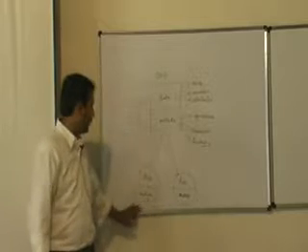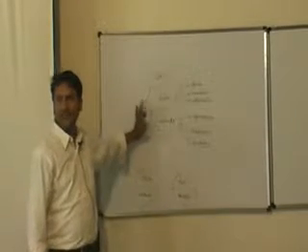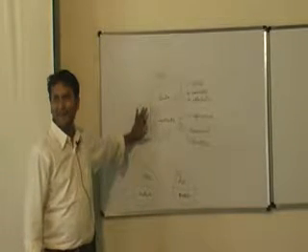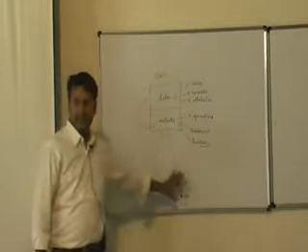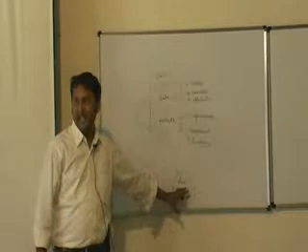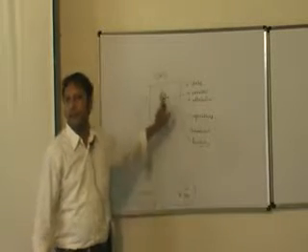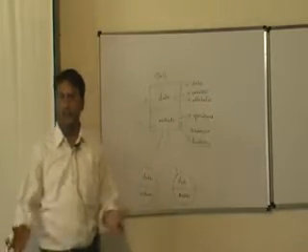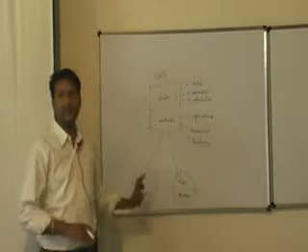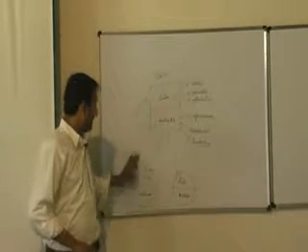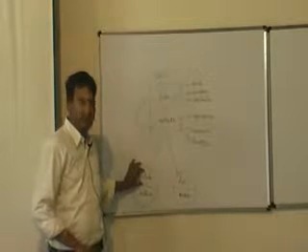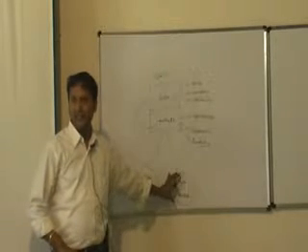Now I have two objects of this class. That means each object is a separate instance of the class. An object is an instance of a class, but each object is separate. That means this object has its own set of data, and this object has its own set of data.